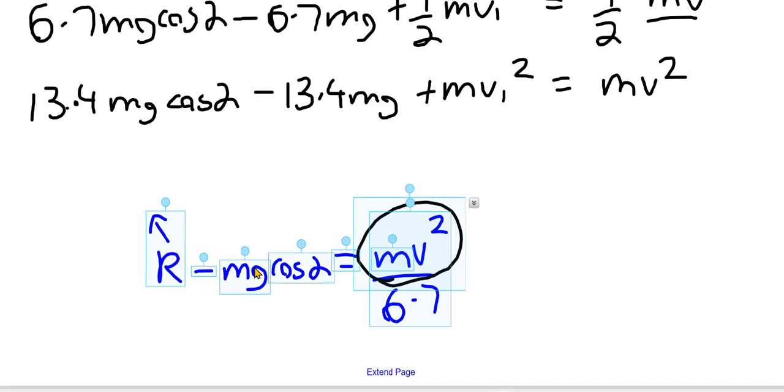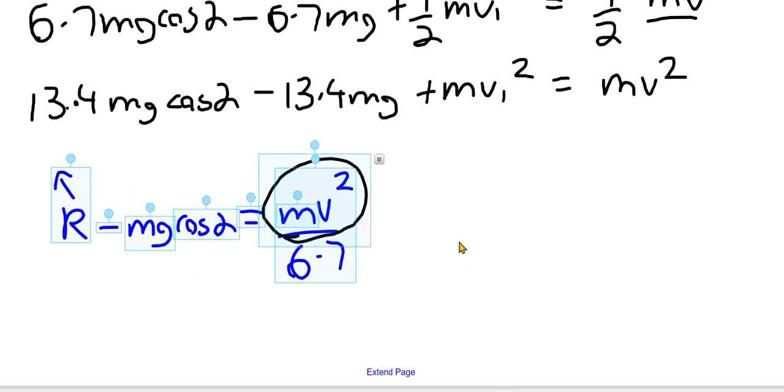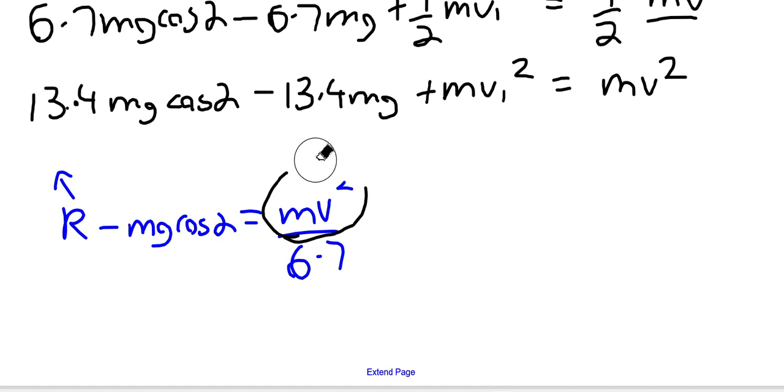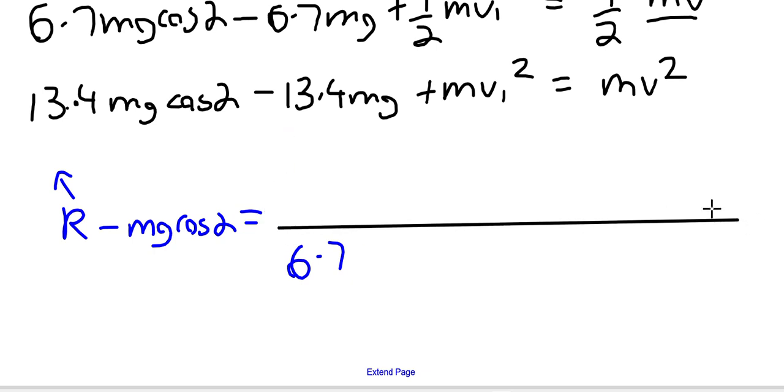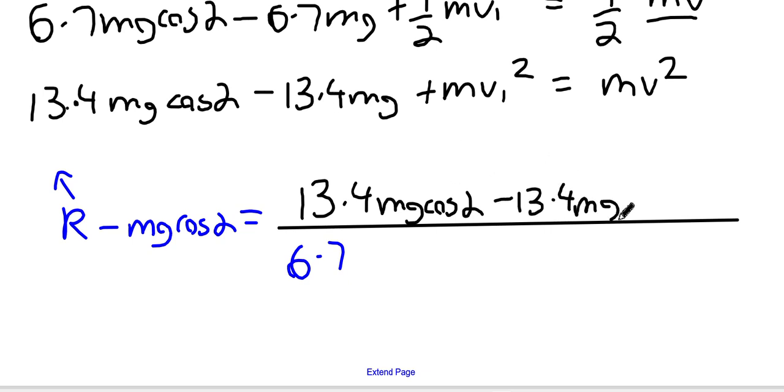Now, I'm gonna sub out that mv squared for what? Yeah, all that stuff, isn't it? 13.4 mg cos A minus 13.4 mg.